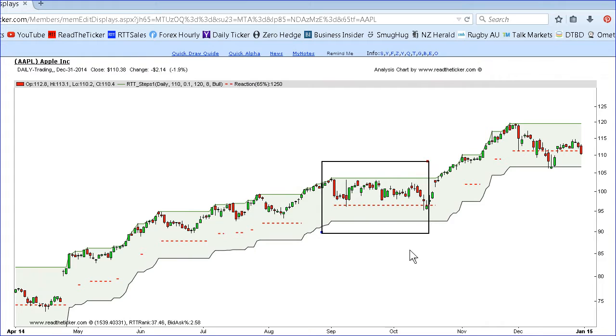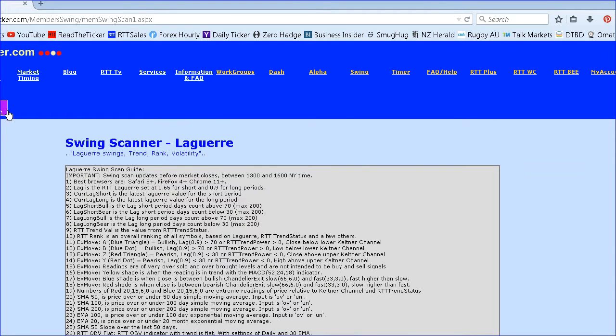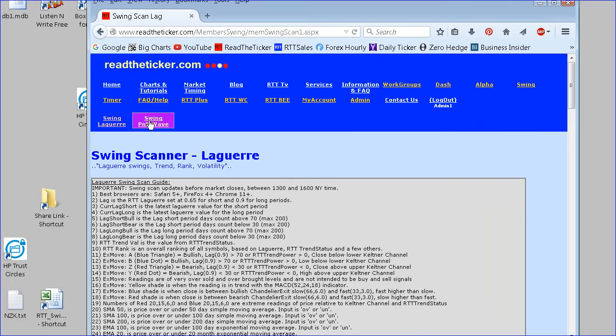If you want to find other tight consolidation patterns to investigate for reaccumulation for higher prices, readtheticker.com has a swing tool called Swing PNF Wave.